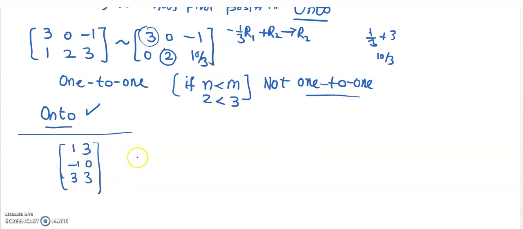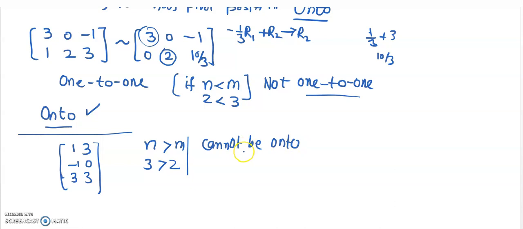For this, n is greater than m. That means there are actually 3 rows and 2 columns. So it cannot be onto. Okay, cannot be onto.